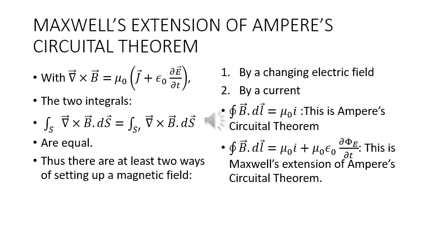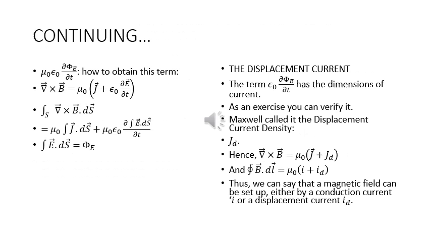So closed integral B dot dl is equal to mu 0 I is Ampere's circuital theorem, and closed integral B dot dl is equal to mu 0 I plus mu 0 epsilon 0 delta phi by delta T is Maxwell's extension of Ampere's circuital theorem.